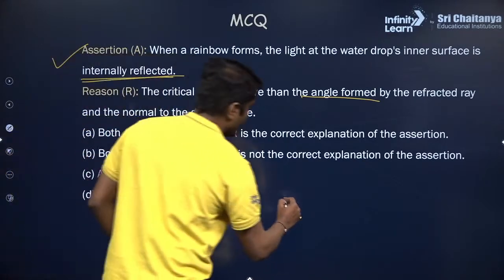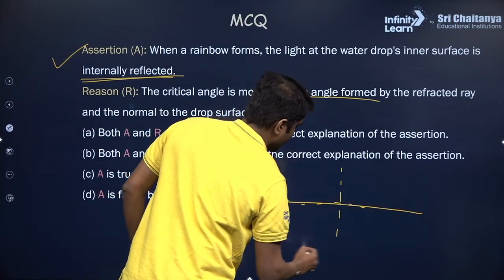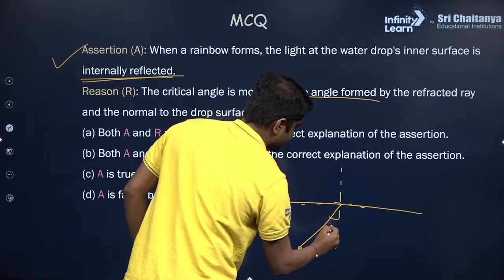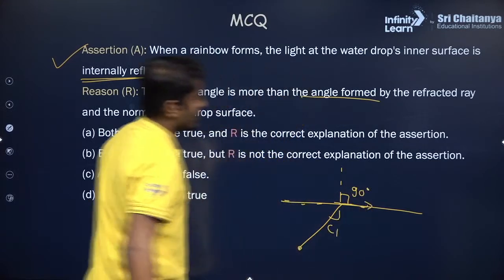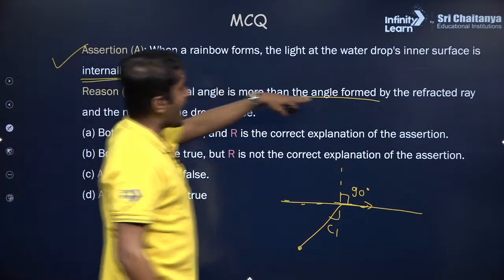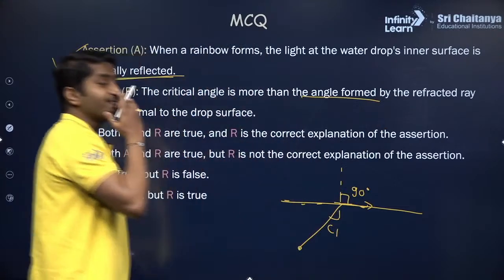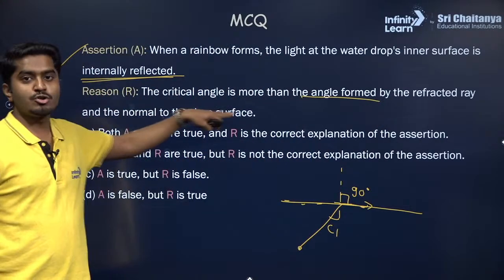Just now I told you, there is a surface, there is a normal, there is a critical angle C, and there is a refracted ray which is at 90. So what is the reason? Critical angle is more than the angle formed by the refracted ray and the normal to the drop surface.